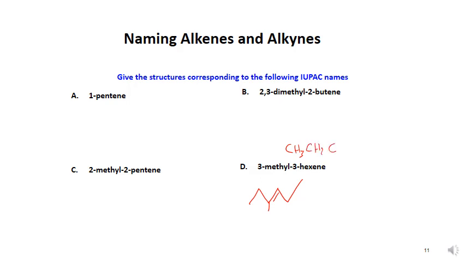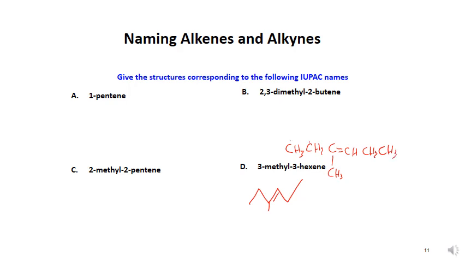Then a carbon has a methyl group hanging off of it. Then it does its double bond thing to a carbon that has to have an H so that it ends up with a total of 4 bonds. Then you have another CH2, and then you finish out with the CH3.